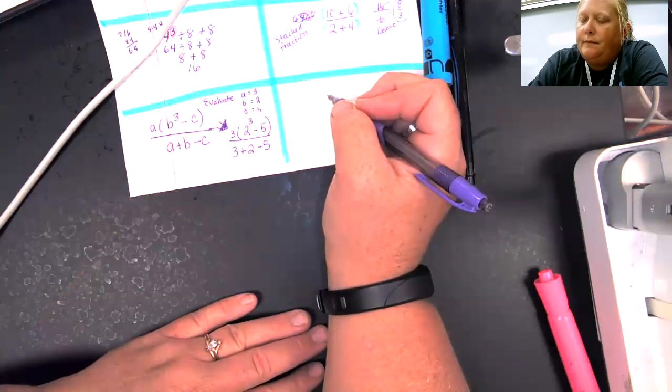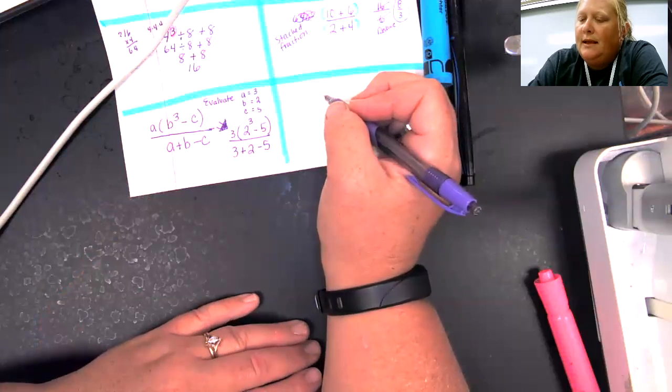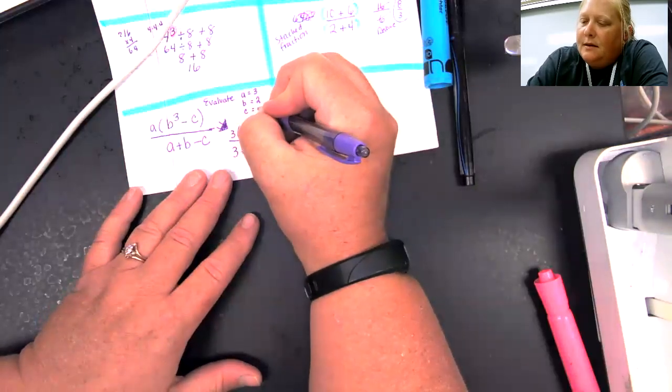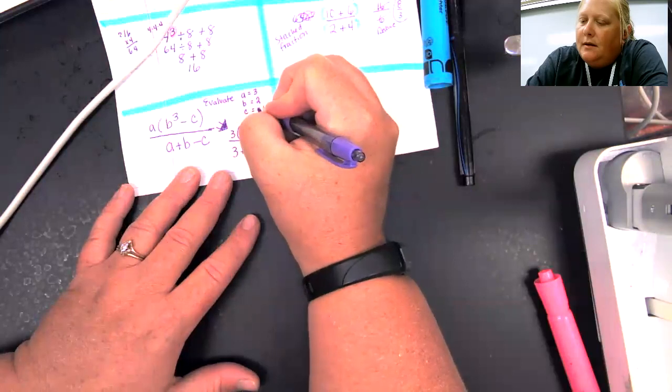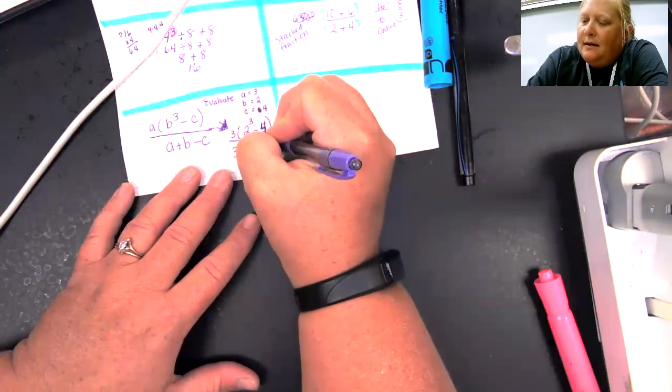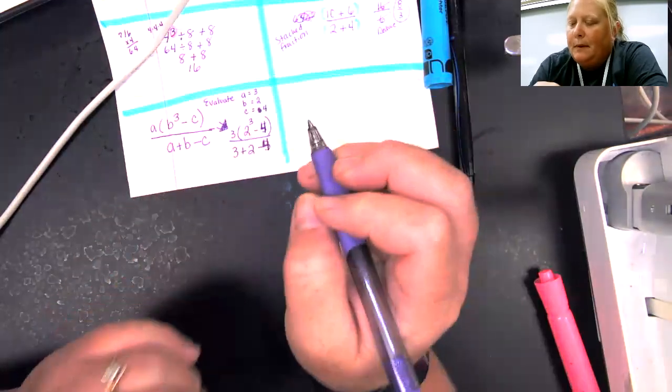You know what, let's switch that to a 4, just because I can see we're going to have a problem.